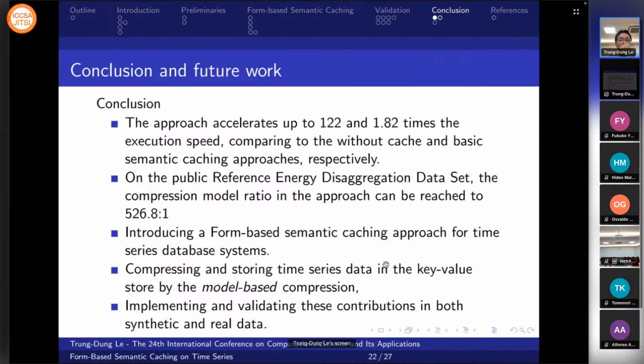With this method, we introduce model-based semantic caching for time series database systems. Our method compresses and stores time series data in the key-value store using model-based compression, and we implement and validate this contribution in both synthetic and real data.